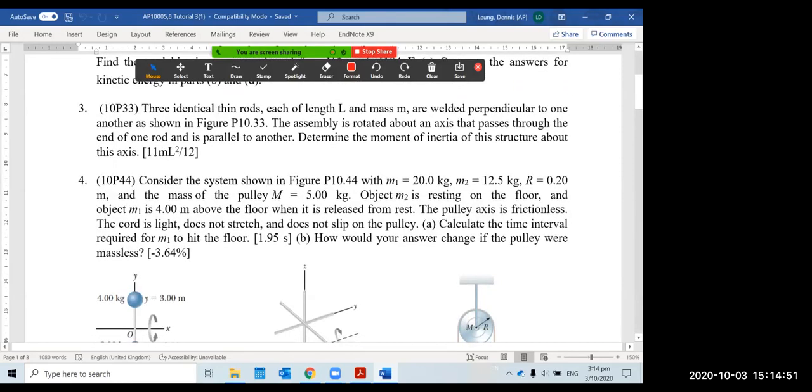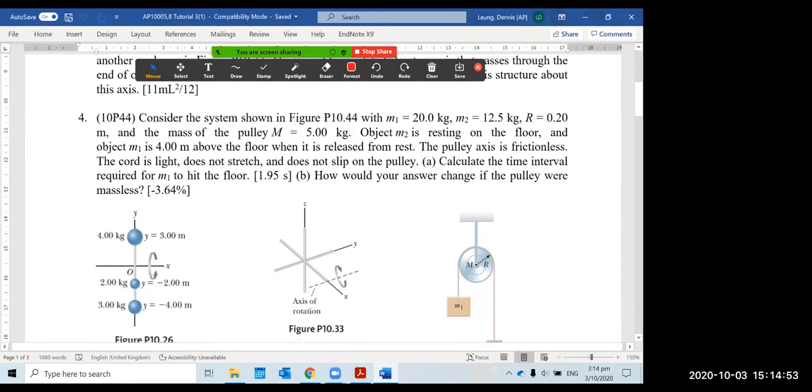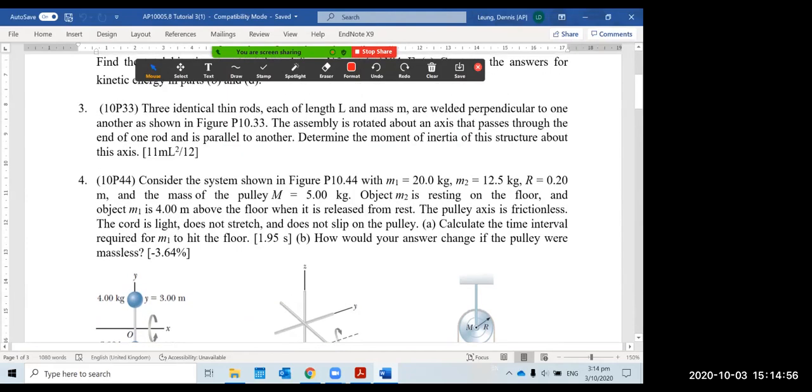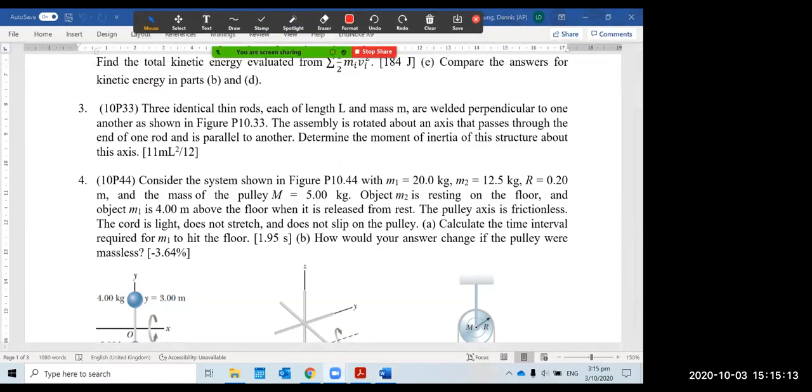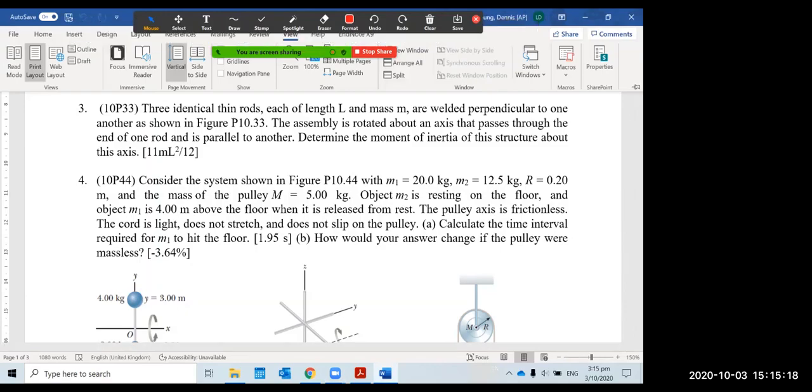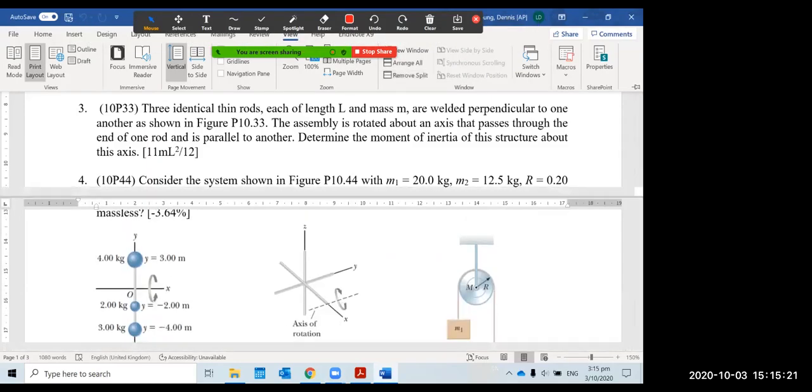The diagram of question number 3 is shown here. It's a bit difficult to show both at the same time. Let's try. Okay, the diagram of question number 3 is the middle one.